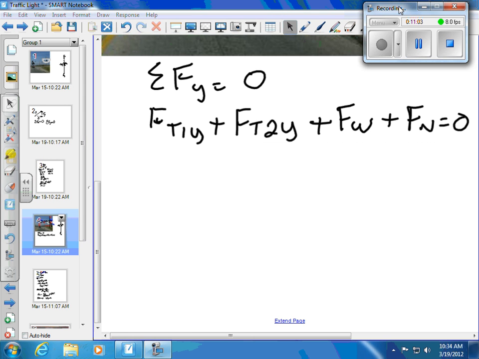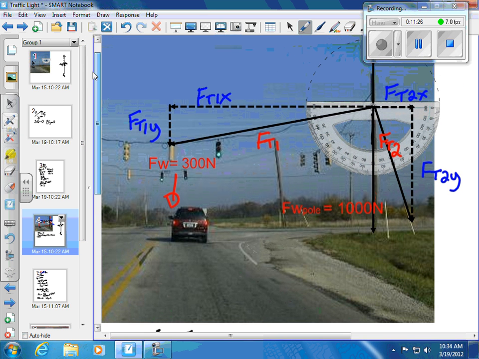Our first one, Ft1y, is equal to minus 150 newtons. It's given, because it's half the weight of the lights. Ft2y, we have to solve for.